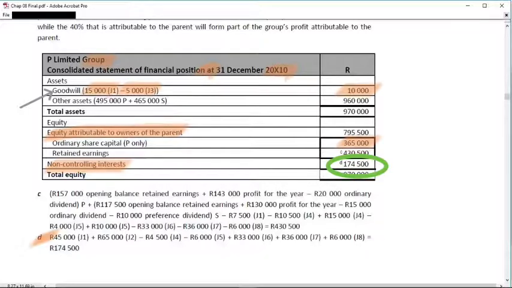When you work through these calculations on your own, please see how they work. The moment you have a little J1 or J4 or J6 or J7 next to it, it means it comes from the consolidation journal entries. When there's a P or an S next to something, it comes from the separate financial statements. It works like that in your homework questions as well.